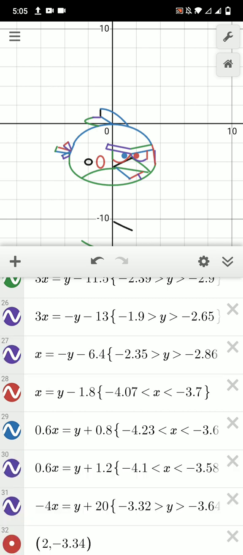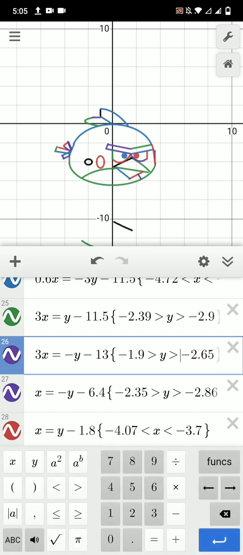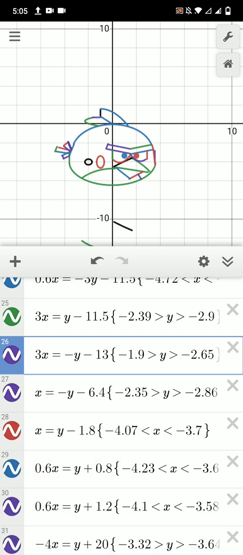Connected with it is this linear equation, 3x = -y - 13, with the domain of y less than -1.9 and greater than -2.65.